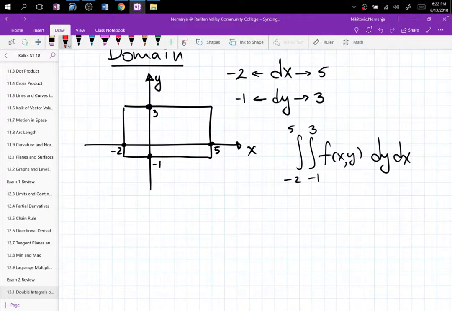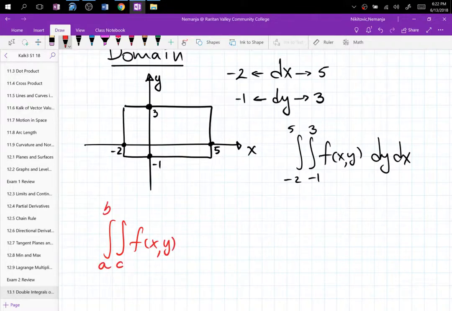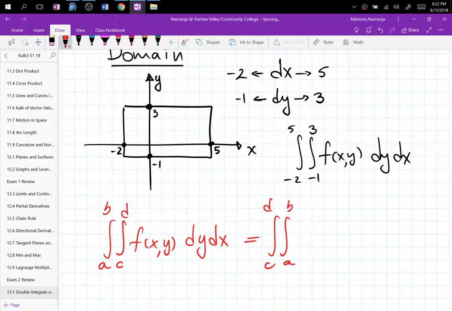So now I'm going to write this theorem, which says the integral from a to b, integral from c to d of f of x, y dy dx is the same as the integral from c to d, a to b of f of x, y dx dy.